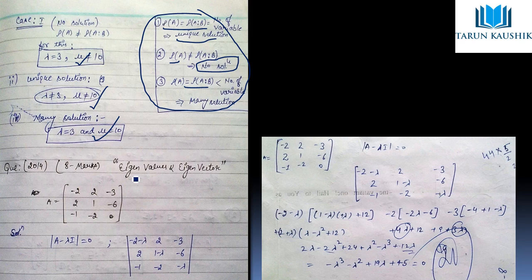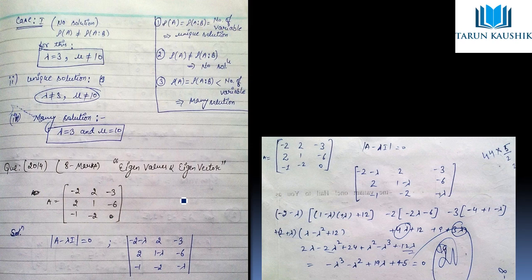So eigenvalues and eigenvectors, how to calculate eigenvalues and eigenvectors? Very simple. The matrix is given like this, and this question is an example from that book which I have just mentioned at the very beginning of the lecture.